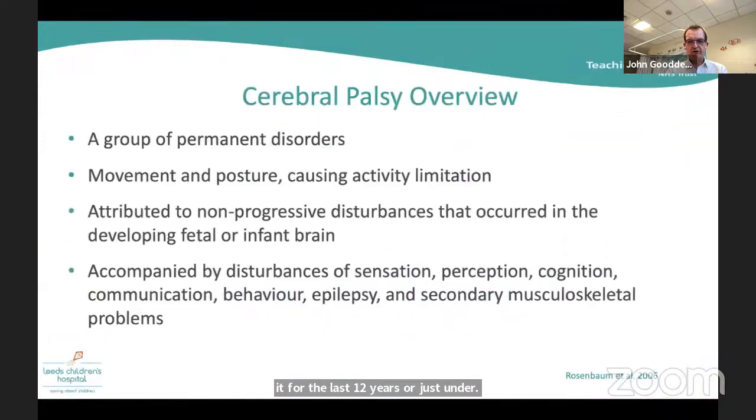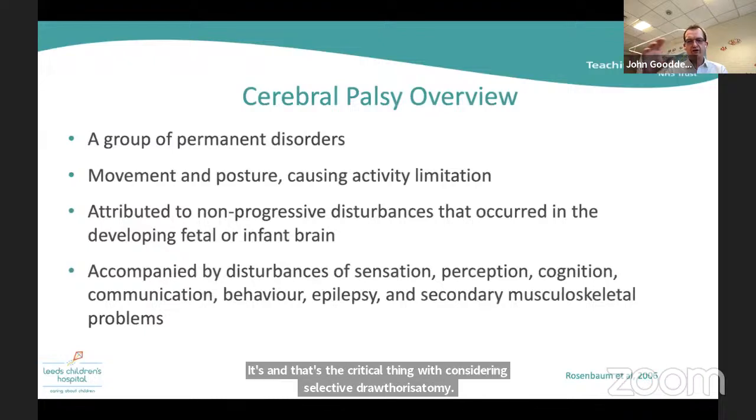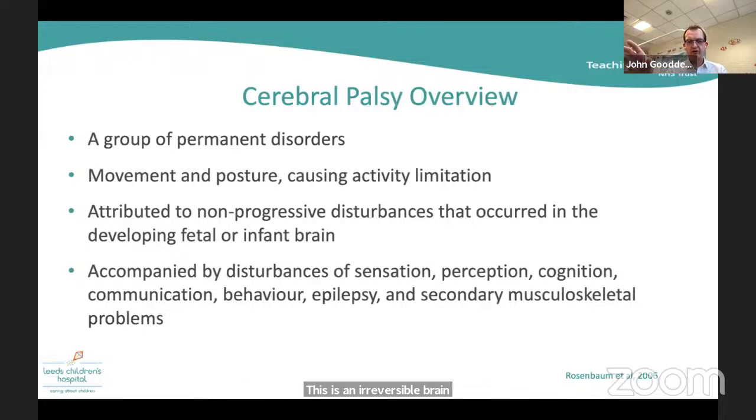As you know, cerebral palsy is a permanent disorder, and that's the critical thing with considering selective dorsal rhizotomy. This is an irreversible brain injury that isn't going to suddenly change over time. Because I'm doing a static treatment, fixed in time, not redone, not altered, I need to do it against a static injury background.